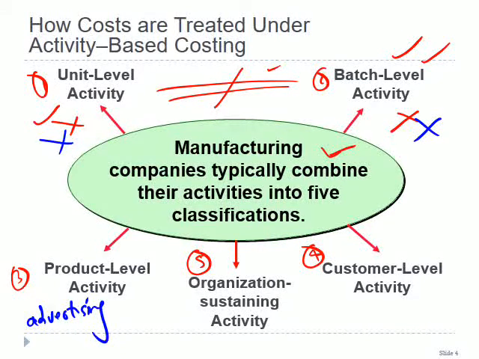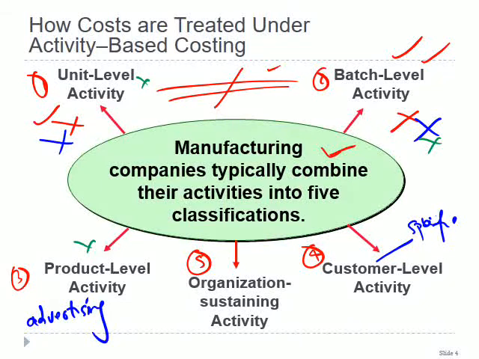Number 4, customer level activities, are related to a specific customer, right? So they are not related to batch level, product level, or unit level. For example, customer level activities include mailing catalogs to clients or sales calls, right?